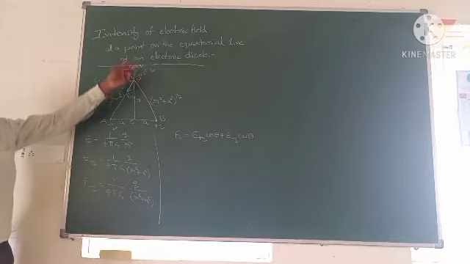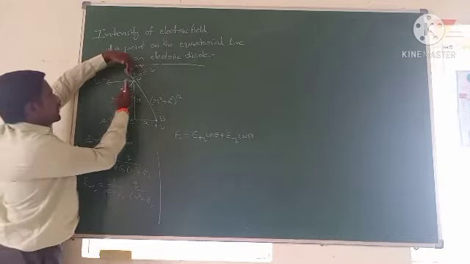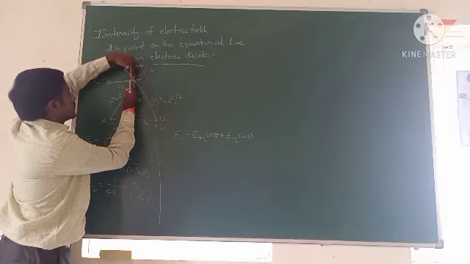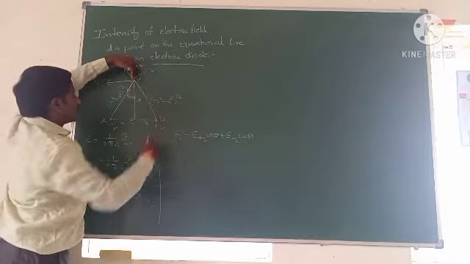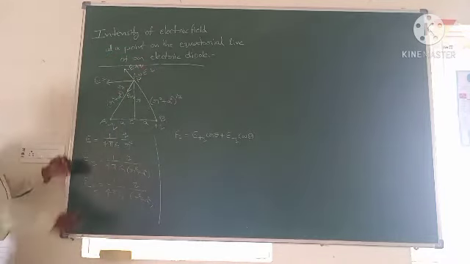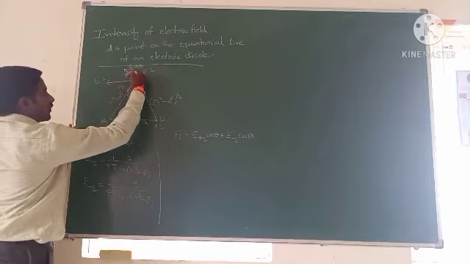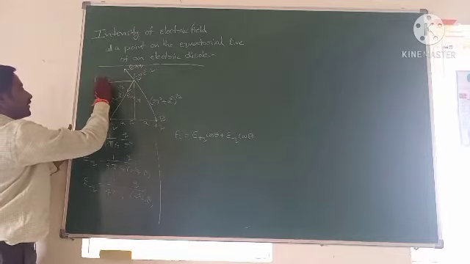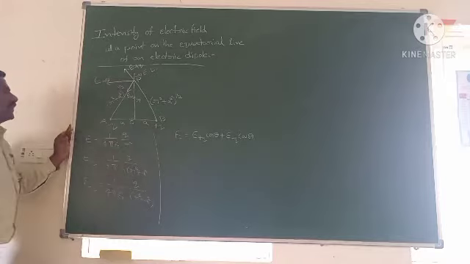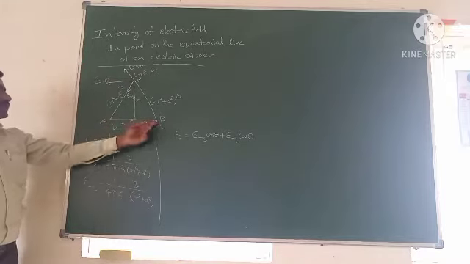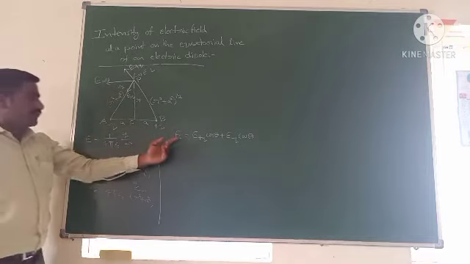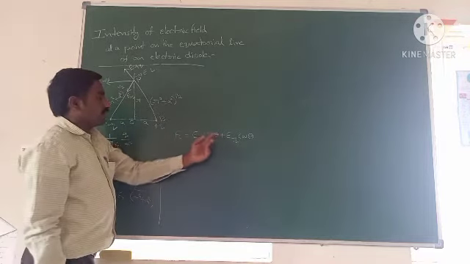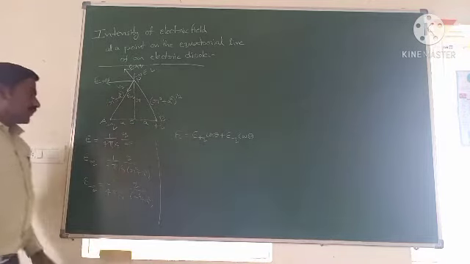So sin theta components will be cancelled because they are in opposite direction with the same magnitude, perpendicular to the dipole axis, and both the cos theta components are along this direction. So this is the resultant electric field intensity at point P due to both charges. That resultant electric field intensity is the summation of the cos theta components.